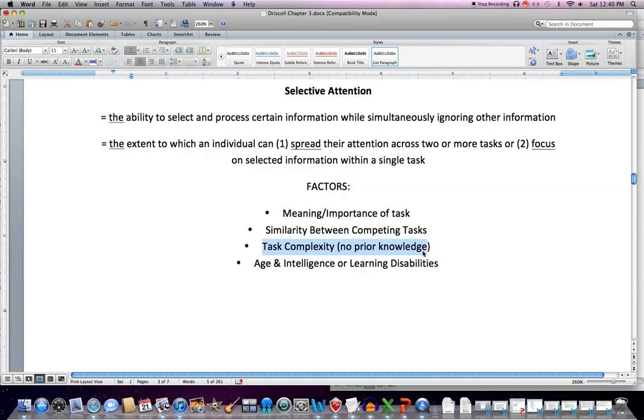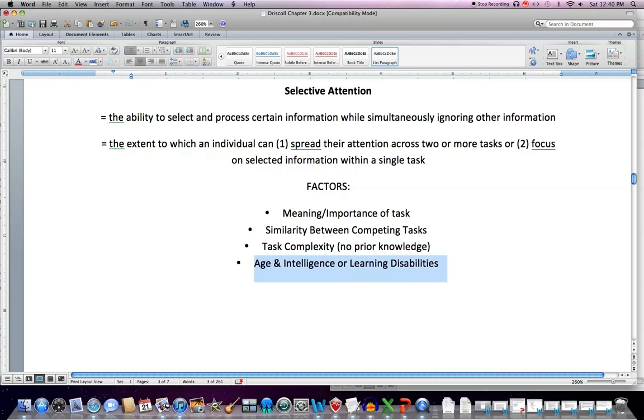You have to deal with a lot of information that's new information, information for which you don't have any prior knowledge, or information that's a bit more complex, requires you to process things at a deeper level. So task complexity is a major contributor, a major factor in this process.